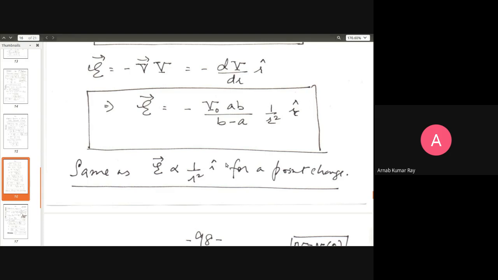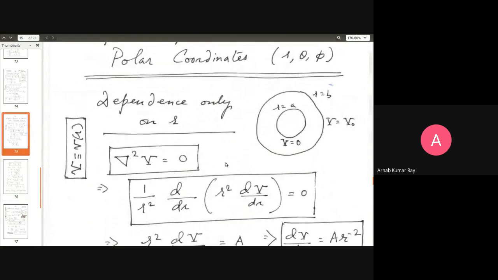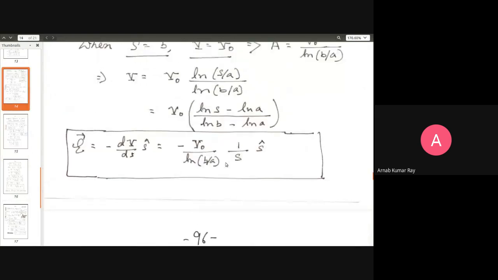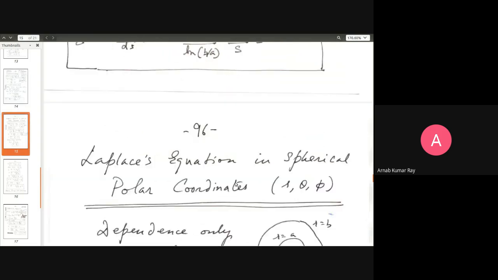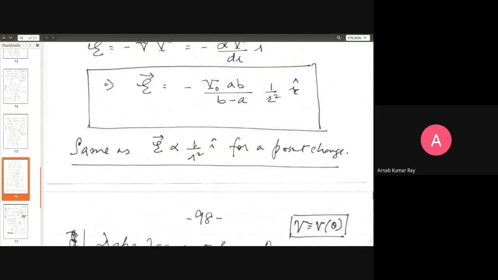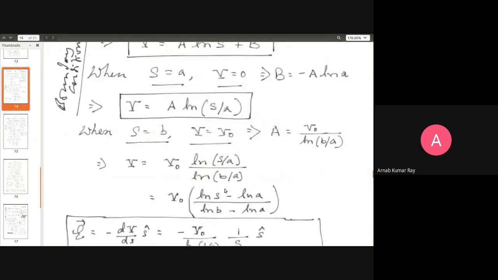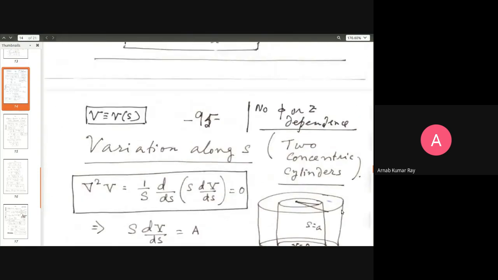I mentioned something else also. When we solved all the Gauss problems, I told you that for a point charge, the electric field falls off as 1 upon r squared, r cap. For a line of charges, as in a cylindrical system, an electric field is traveling through this charge-free region.